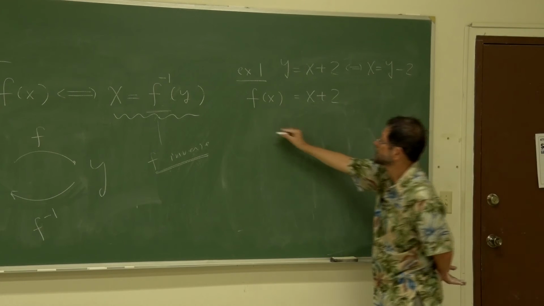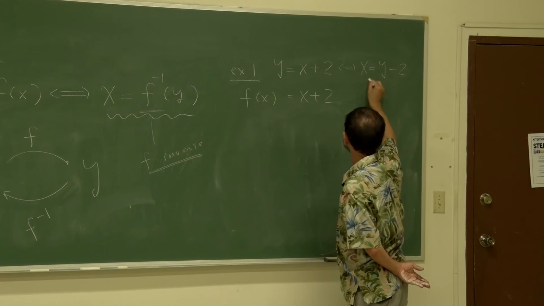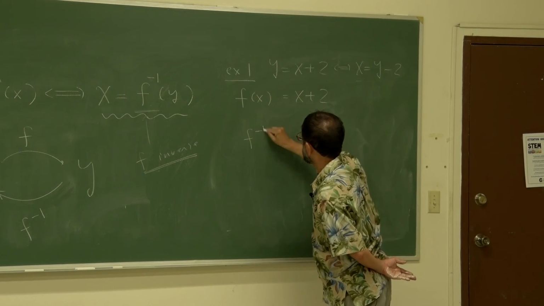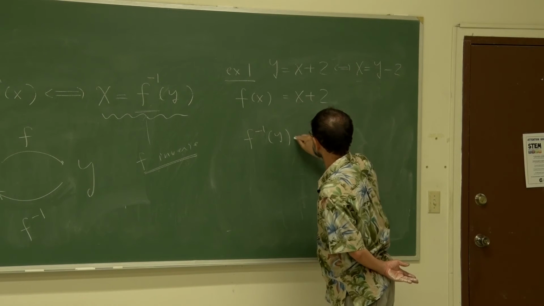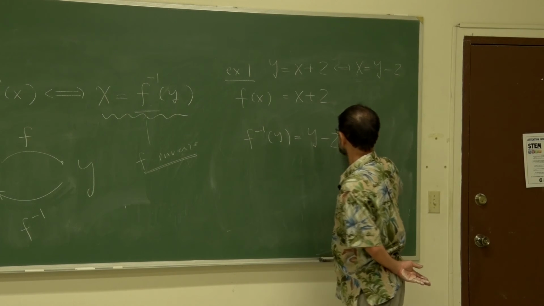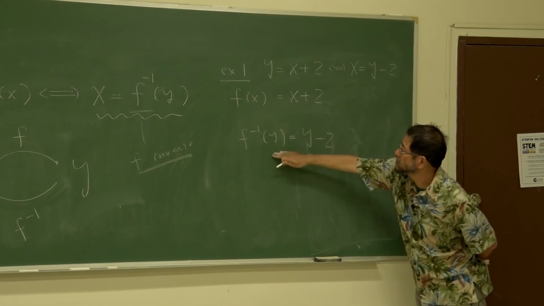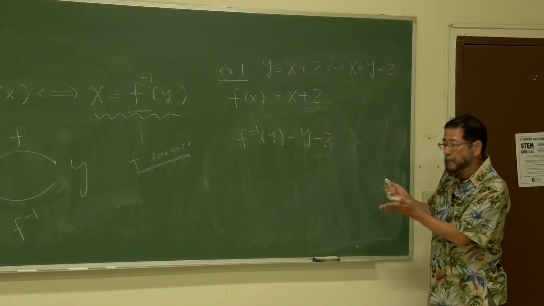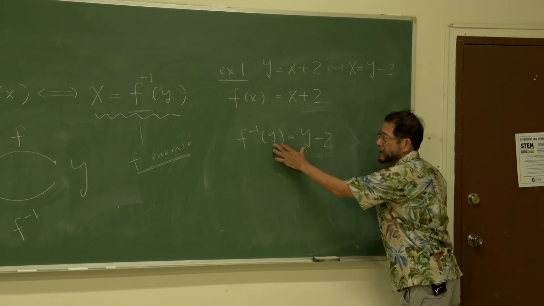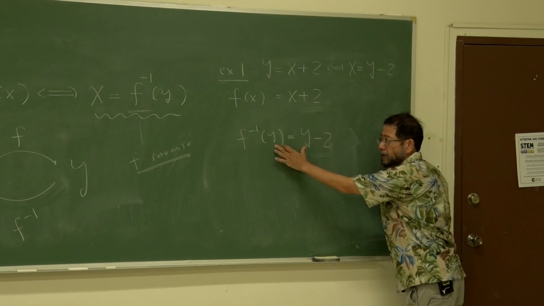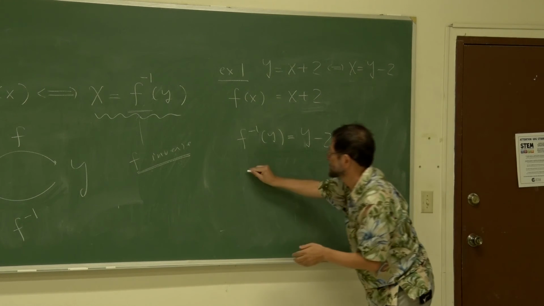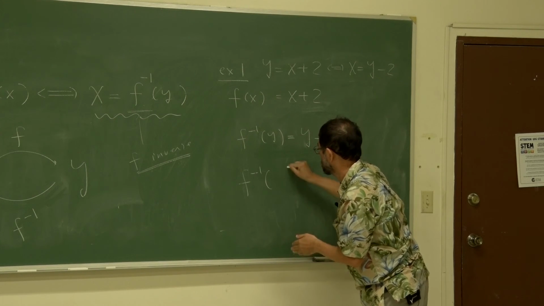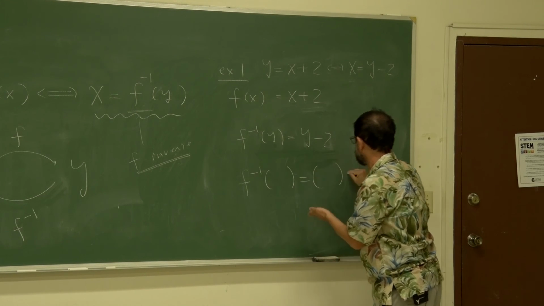So that's why I just call this f inverse. The inverse function of adding 2 is subtracting 2. But remember, this letter is really a dummy. What this really says is just whatever input, you have to subtract 2.